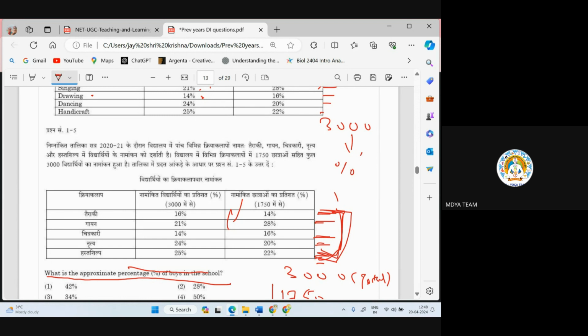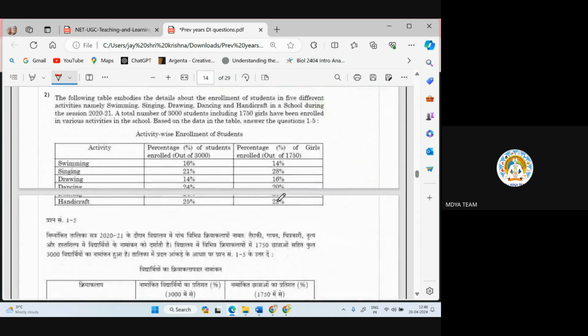Understood? Yes, sir. Because you will get this much complexity in the next question.